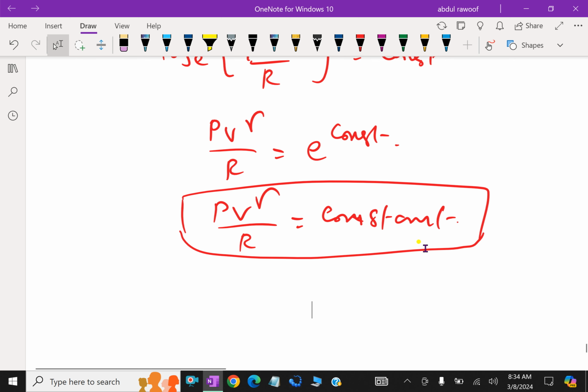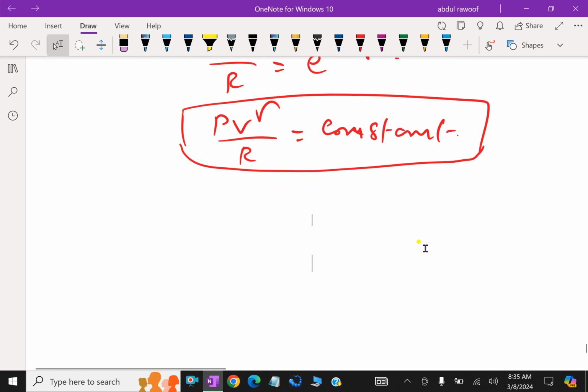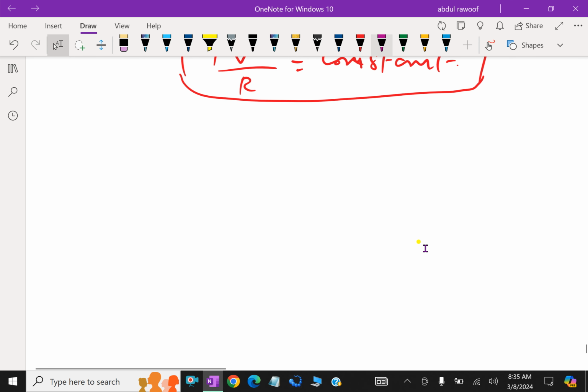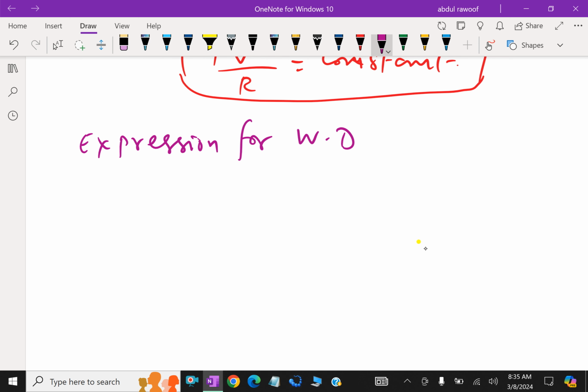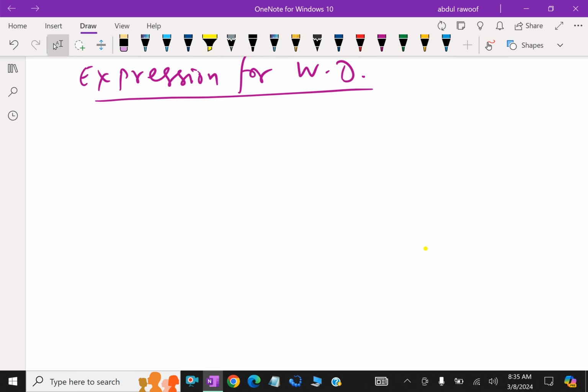Now, expression for work done in adiabatic process. Look at here. W equal integral V1 to V2 P dV, we know that.